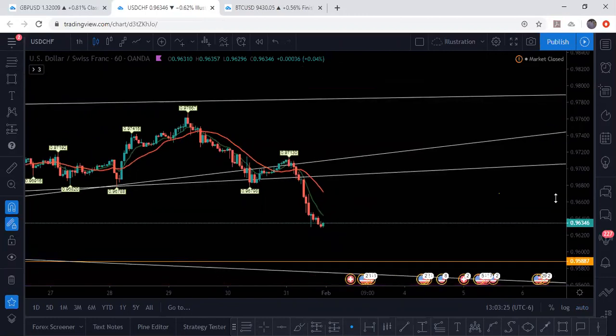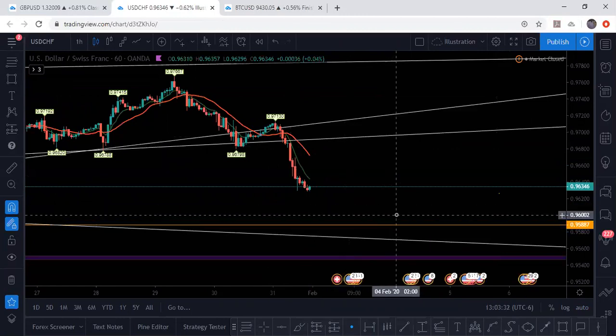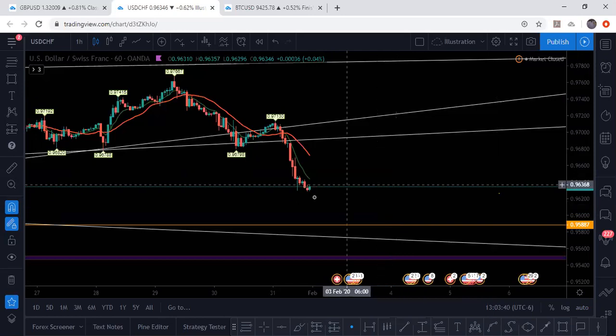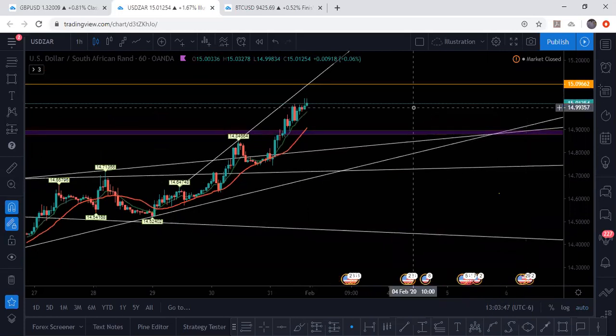USD, I'm believing that this will come down to come and test this golden ratio of 9588. So we still have about 50 pips down to take on USD. This we're going up.